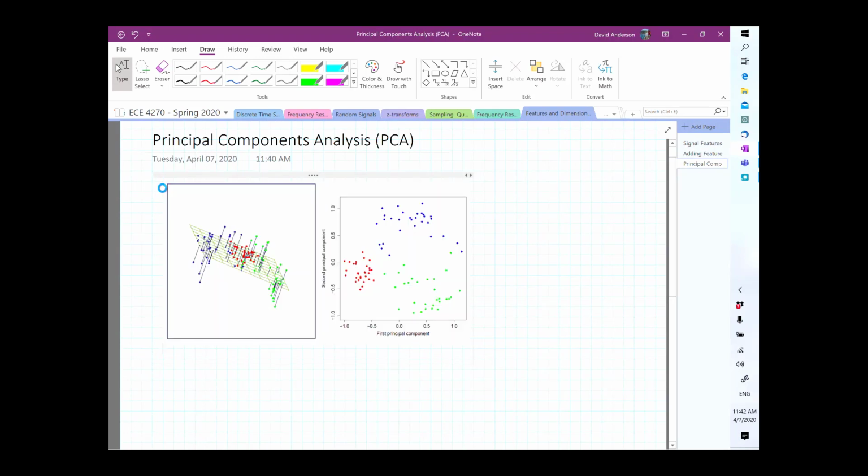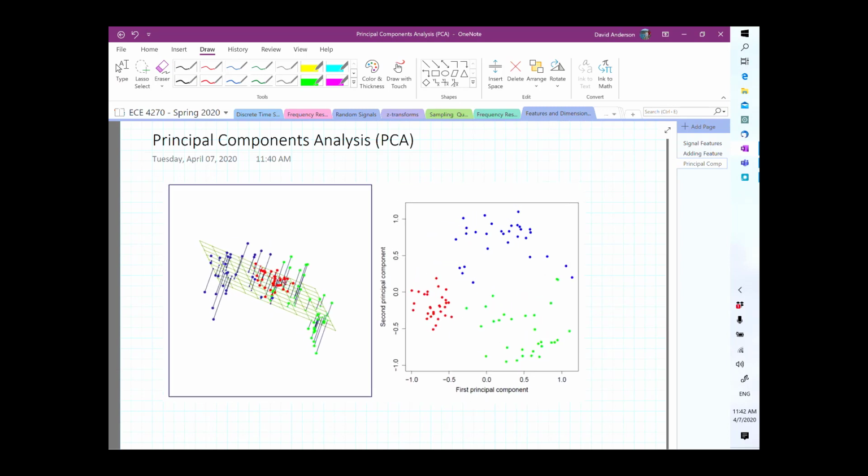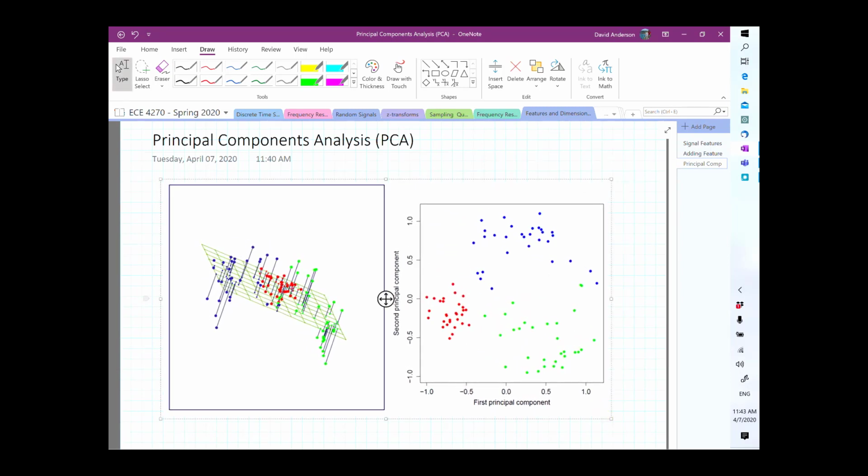So the idea is that we have maybe data in 3 dimensions, as shown here on the left, and right now, depending on how you look at it, that data may overlap. But if we look at it from the correct perspective, orthogonal to this plane that's drawn there, you can see that the data does indeed fall into separate clusters.